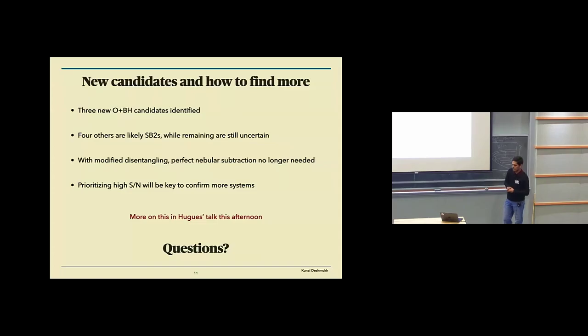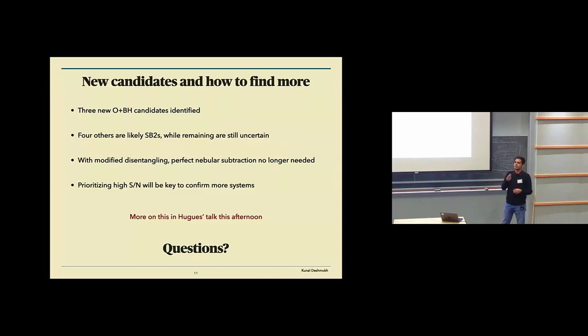I don't have an answer to that right away, because we have not characterized the SB2s yet. When I say it's likely an SB2, what we get out of disentangling, if the secondary is contributing a lot, is an idea of the radial velocity of the other star as well. But as you go fainter and fainter, we stop getting a constraint on the radial velocity amplitude.